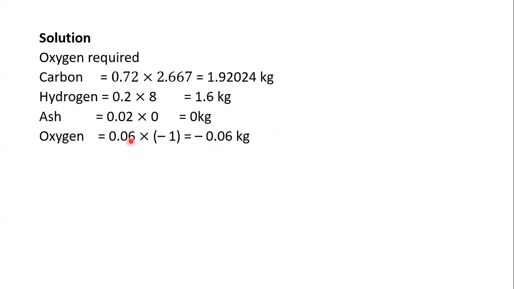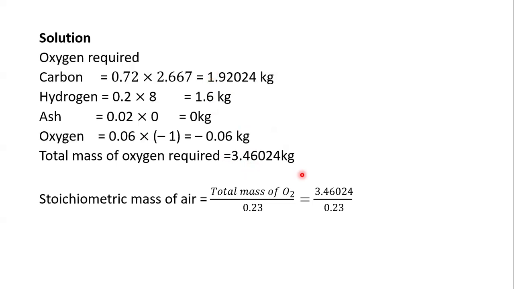Now that you've done this, you've handled what each element wants, the next thing you can do is just add them up. So this is what you get. The mass of oxygen required is 3.46 kg. 3.46024. The question was not asking for oxygen. It was actually asking for air. How much air you need.